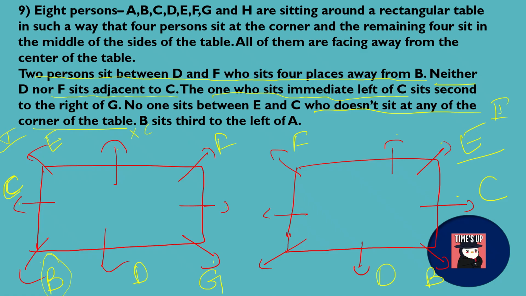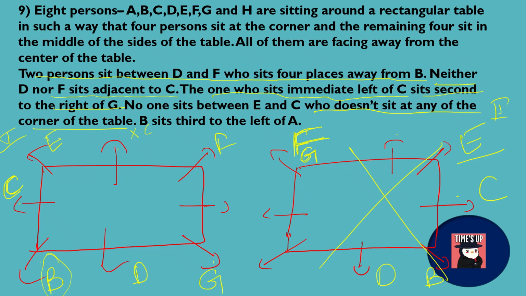The one who sits immediate left of C in the second possibility will be E. It sits second to the right of G. So if I place G here, I can't place G here because F has already taken this place. So G can't be placed here and your second possibility goes wrong in that case. So go with the first possibility now.